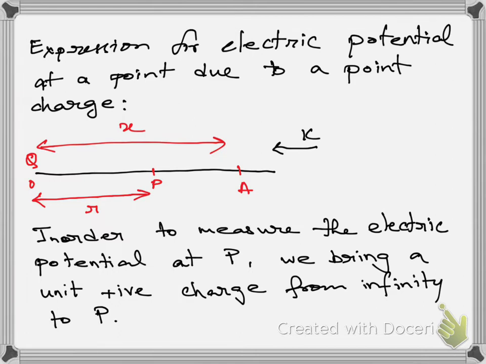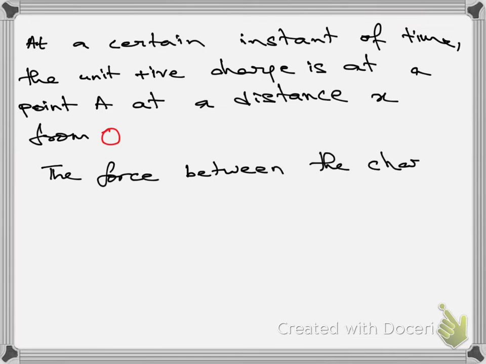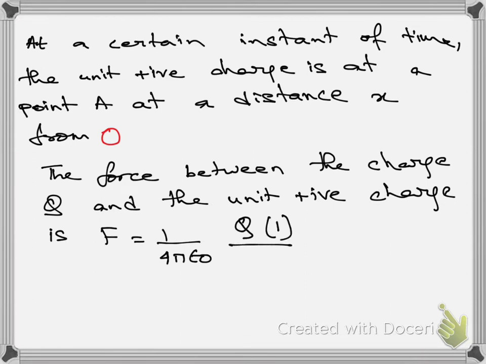Now at this point, there will be a Coulomb force acting between the test charge or the unit charge and the charge capital Q. So we'll write the force between the charge capital Q and the unit positive charge is given by F is equal to 1 by 4 pi epsilon naught times the product of the charges, which is capital Q and unit charge, that is 1, divided by the square of the distance, which is x square.